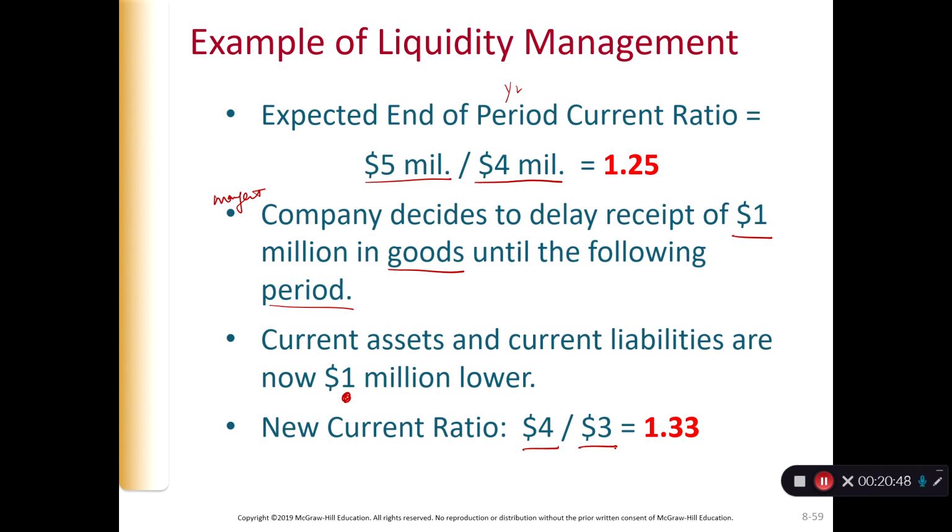So 4 divided by 3 is actually 1.33. Therefore, the current ratio increased just by asking the vendor to delay the shipping across the year. So this is year 1 ending and year 2. So he said, do not deliver me anything. By doing that, the current ratio of the current year 1 becomes 1.33.